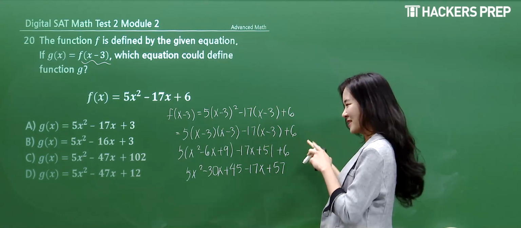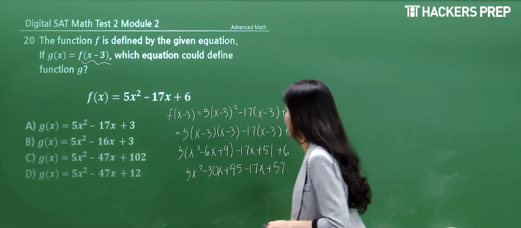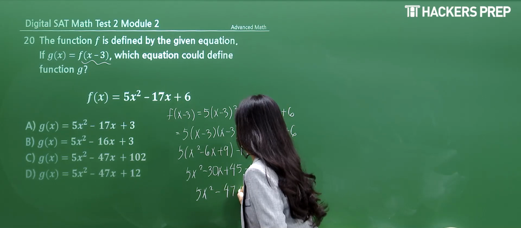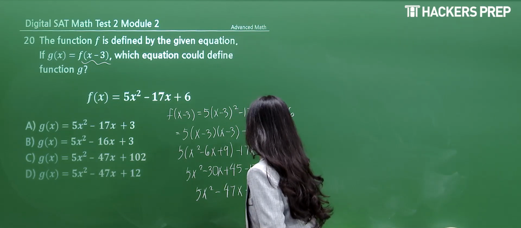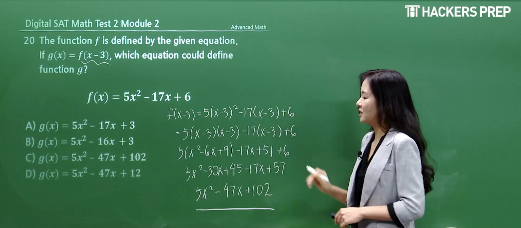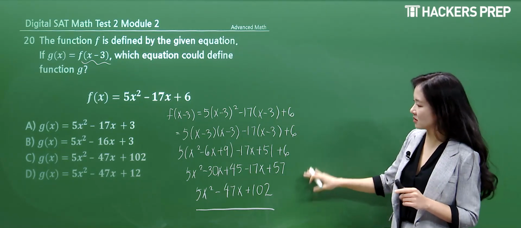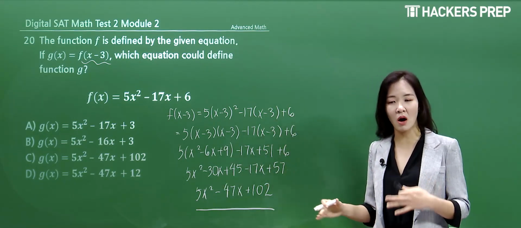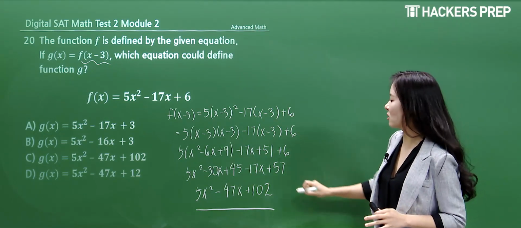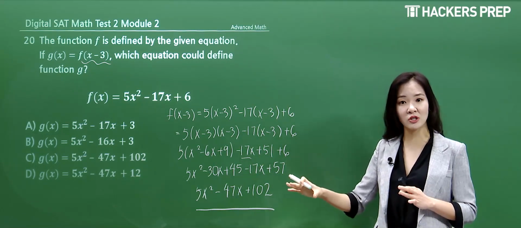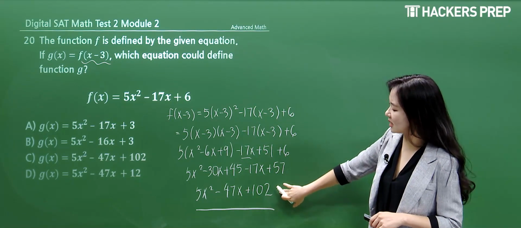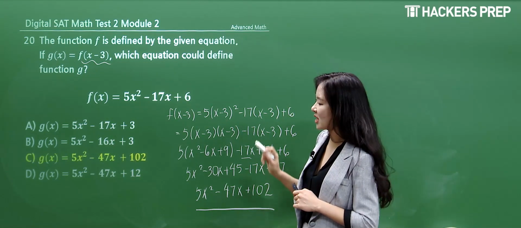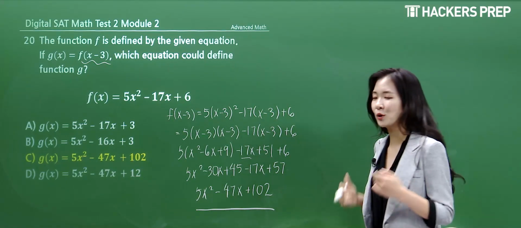Okay, actually, second to last step, because we would have to combine the like terms. There we have it. So let's just double check, right, that everything is accurate. For questions like this where it involves multiple long carrying over processes, just make sure all your arithmetic, all the additions and subtractions, are accurate. So in this case, we got down to 5x squared minus 47x plus 102, which actually exactly fits our answer C, right? Phew, great.